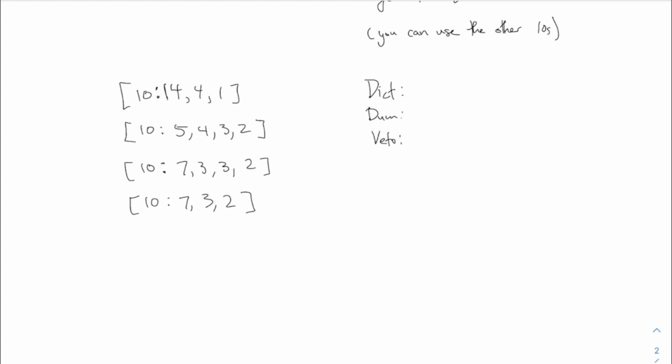To meet the quota of 7, is 7 really necessary? Yes. So any votes, 14 for this one, so maybe 7.